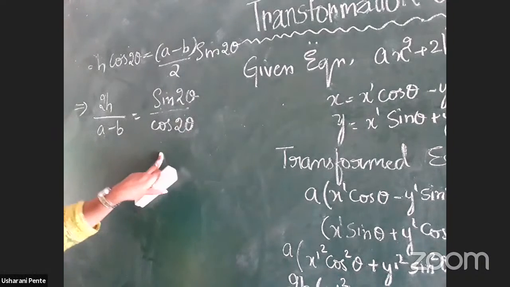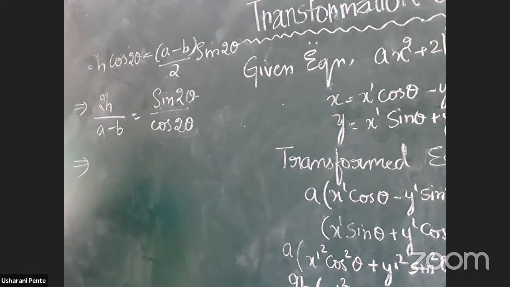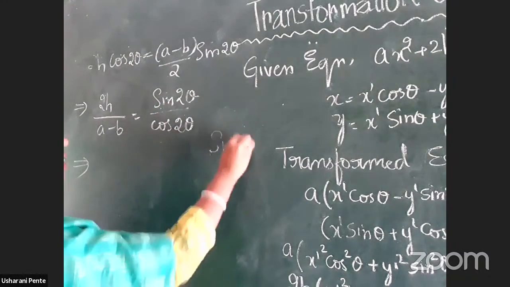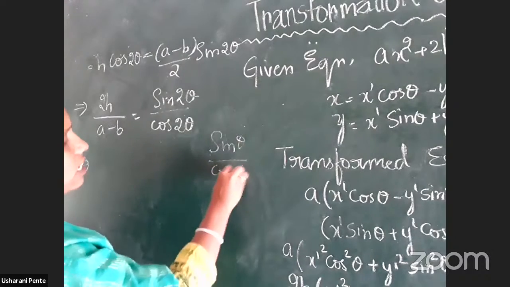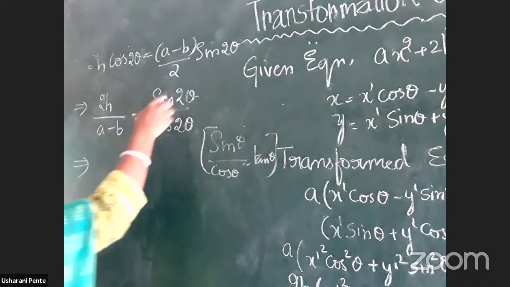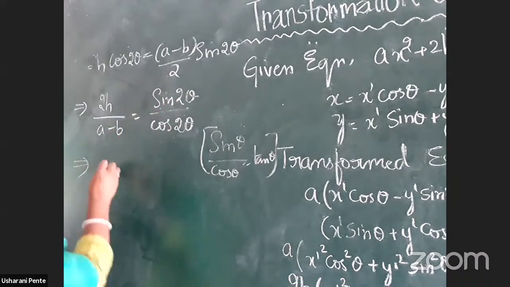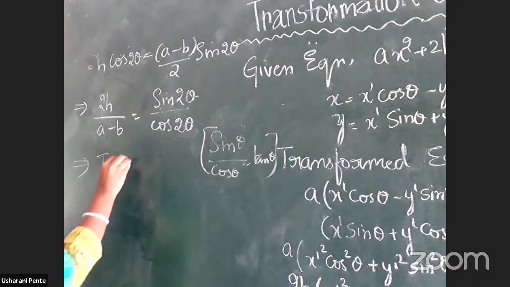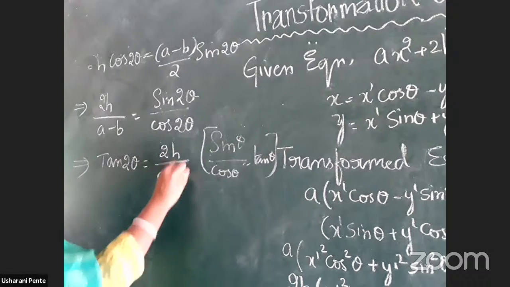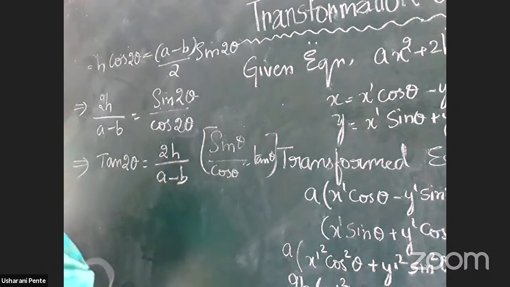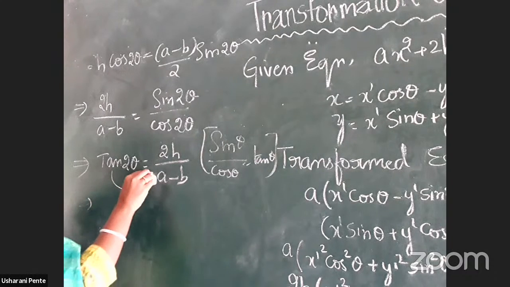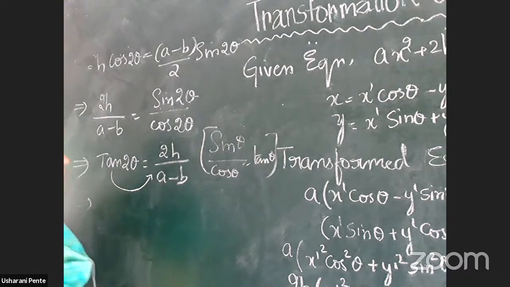We know that sin theta by cos theta is nothing but tan theta. So as I have sin 2 theta by cos 2 theta, that can be written as tan 2 theta. Tan 2 theta is equal to 2h by a minus b. If I send this tan to the other side, it will become tan inverse.